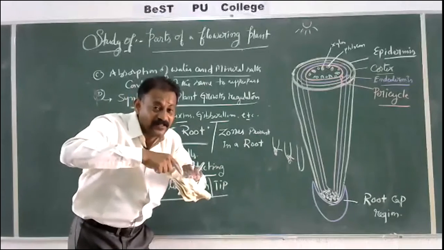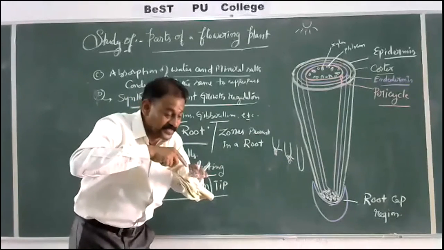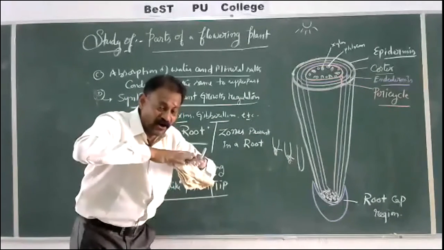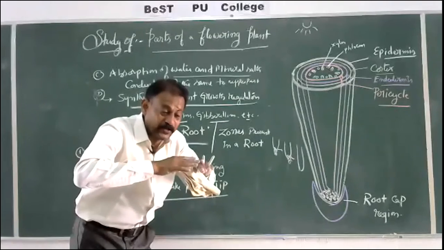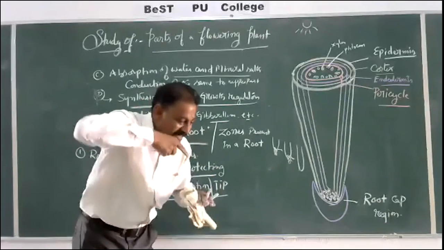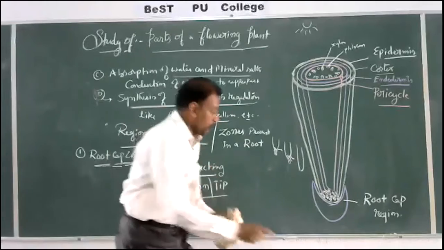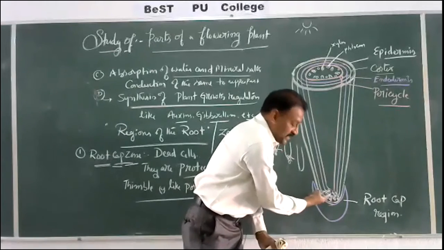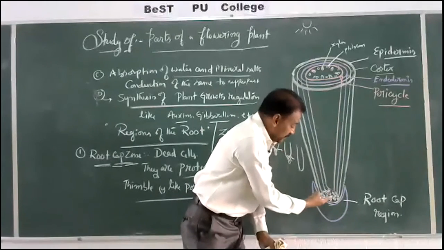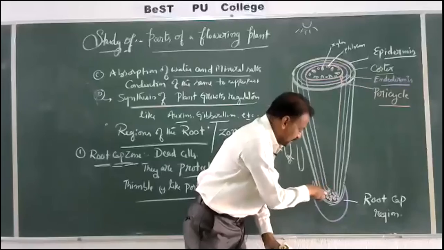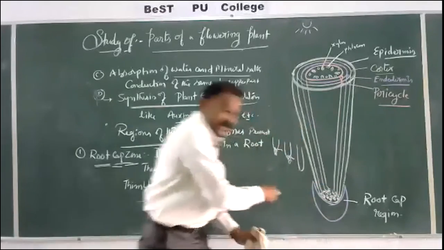Because of this mucilage, the soil, even though it is hard, becomes smooth. It becomes a lubricant. And when it is growing inside, if the root cap is not there, these cells will rupture. So there is no protection. To protect these cells, the root cap is present.